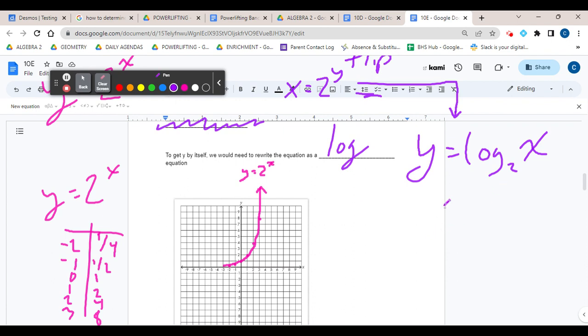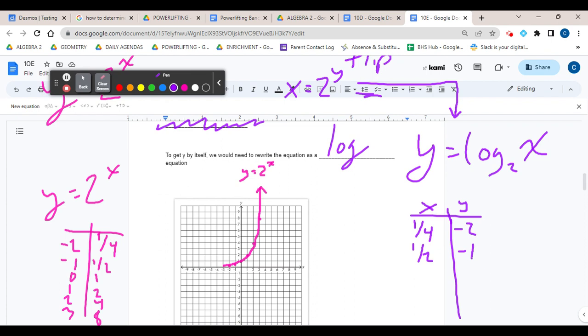The inverse function, y equals log base 2 of x, we're just going to flip all that. Okay, so we could just flip our x's and our y values here. So if x is 1/4, y is -2. If x is 1/2, y is -1.